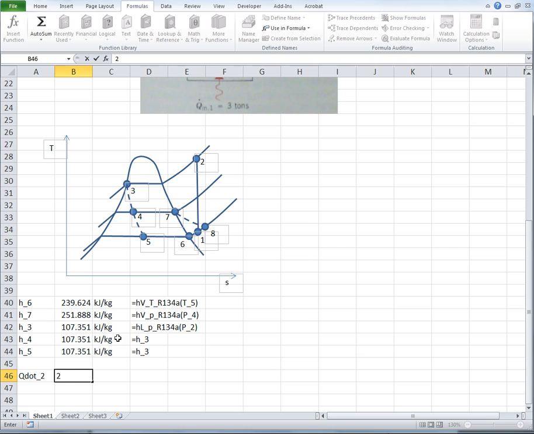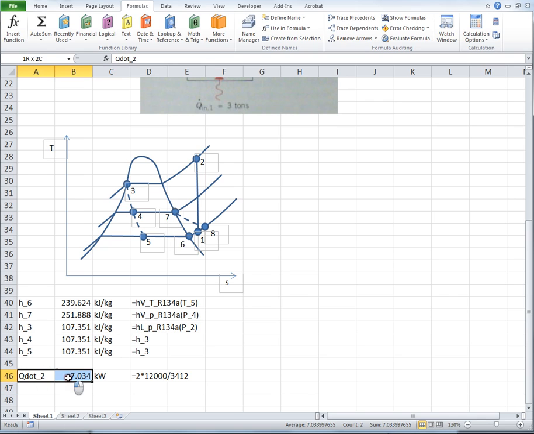Well, I think I told you before that there are 12,000 BTU per hour in a ton, but that there were also 3,412 BTU per hour in 1 kilowatt. So this should give me the approximate capacity in kilowatts for that intermediate pressure evaporator.